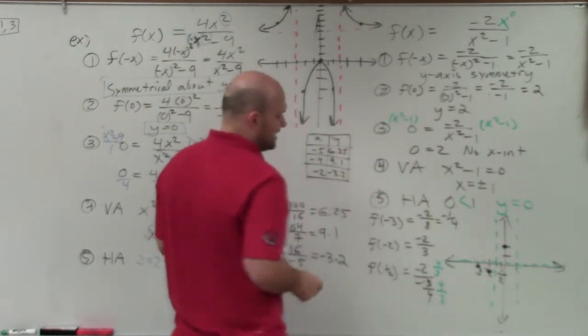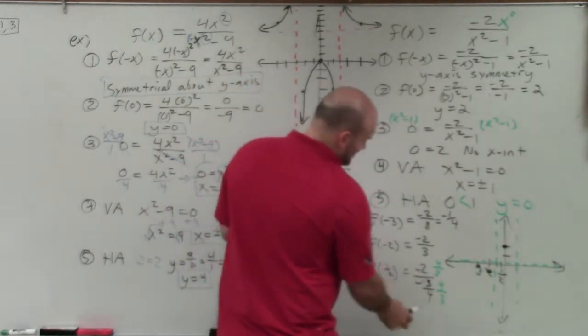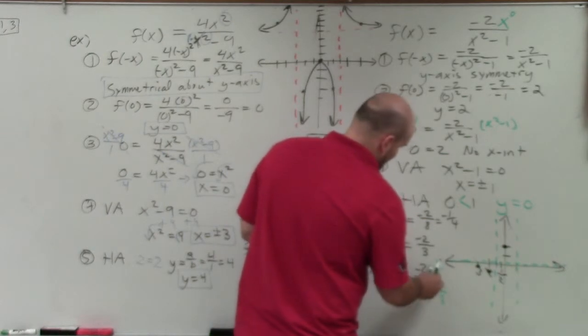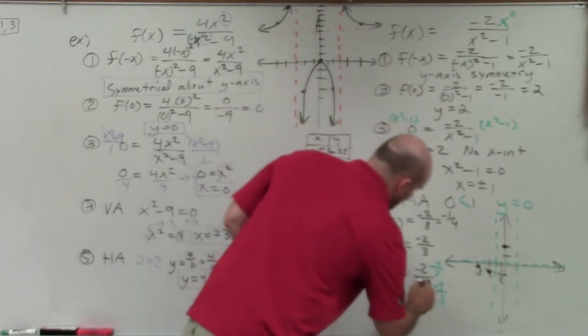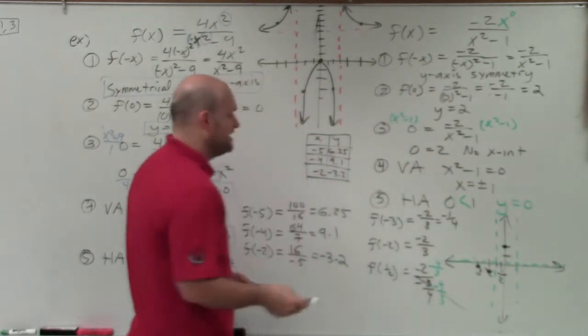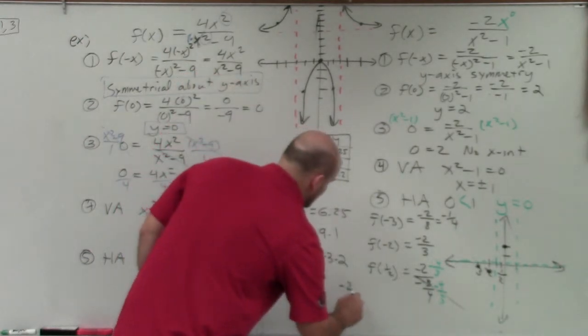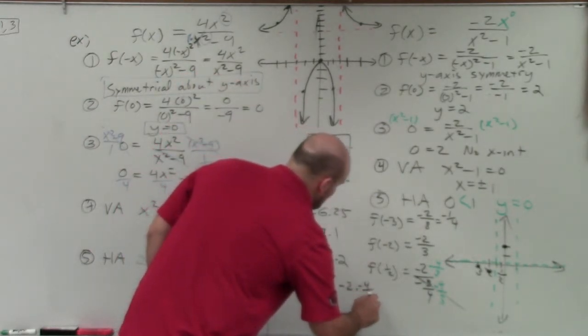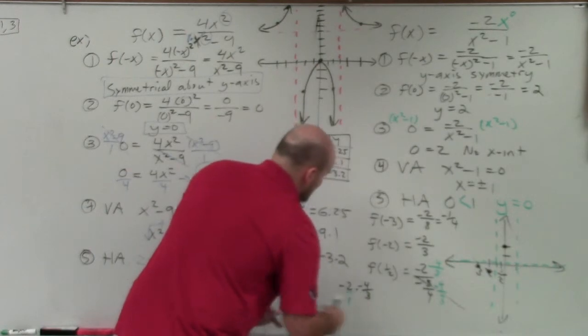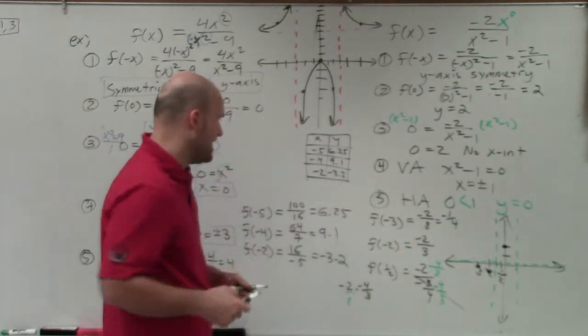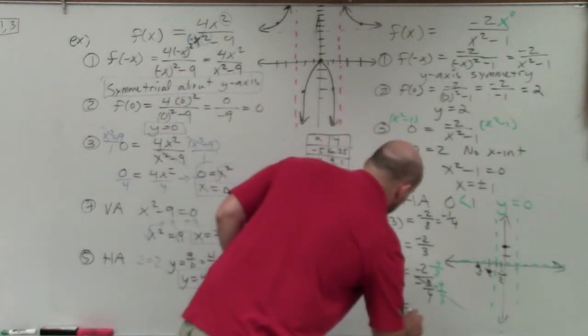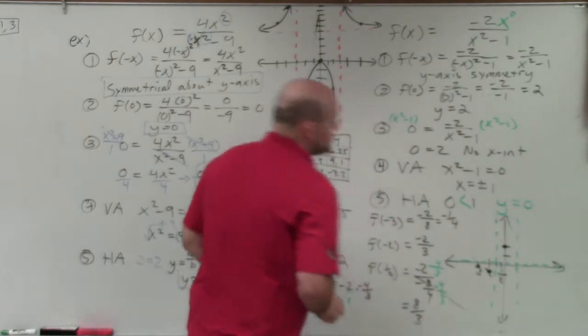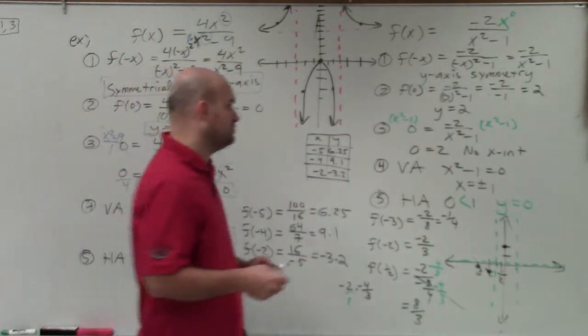Negative times negative is positive, so that multiplies to give you 1. So you're left with negative 2 times negative 4/3. Put the 2 over 1. Multiply across. You get a positive 8/3. So if you remember from last video, that was positive 2.6.